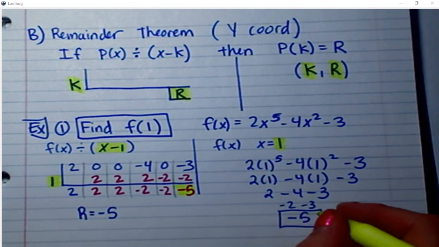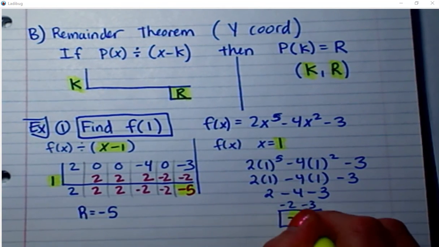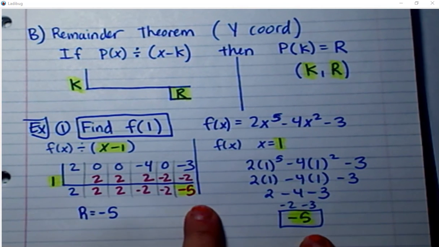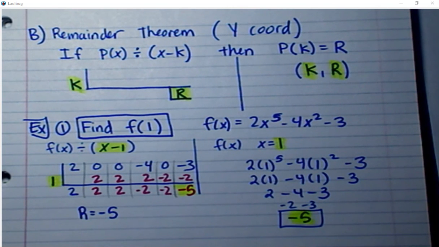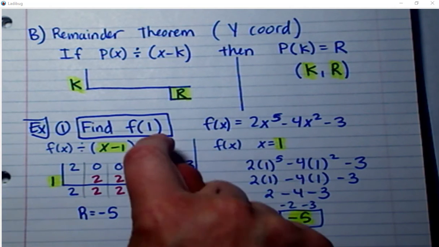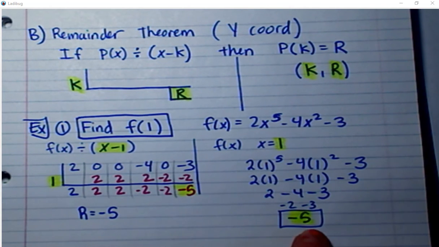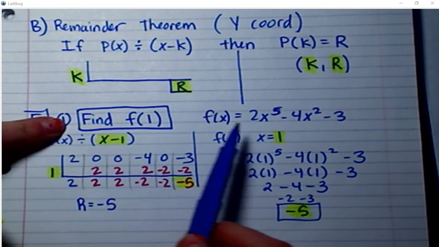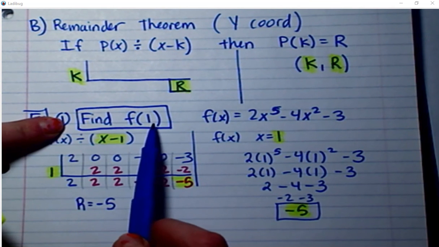It's supposed to be the same thing. It doesn't matter which work you do to get there. So what's the answer? The answer is -5. What is the y-coordinate? It's the remainder, or I actually plug it in. How did you get f of 1? That's the question. Find f of 1.